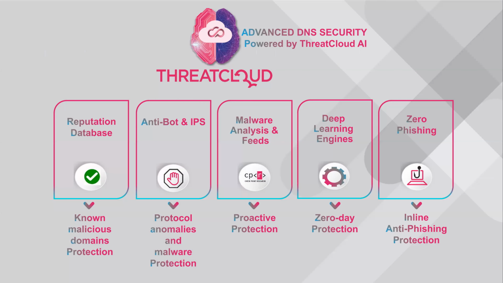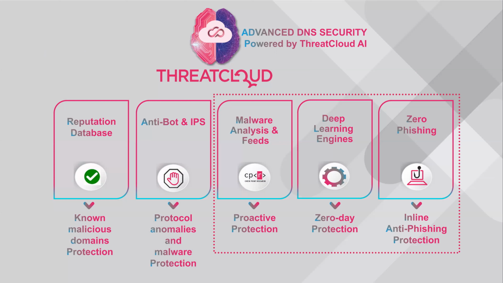So how are we harvesting all this information? There's a lot of these DNS engines that you'll see in the threat cloud. We're analyzing customer traffic, and through that, we take all that we learned from the analysis, deep learning engines, zero phishing engines, and we pump that back into our reputation database.